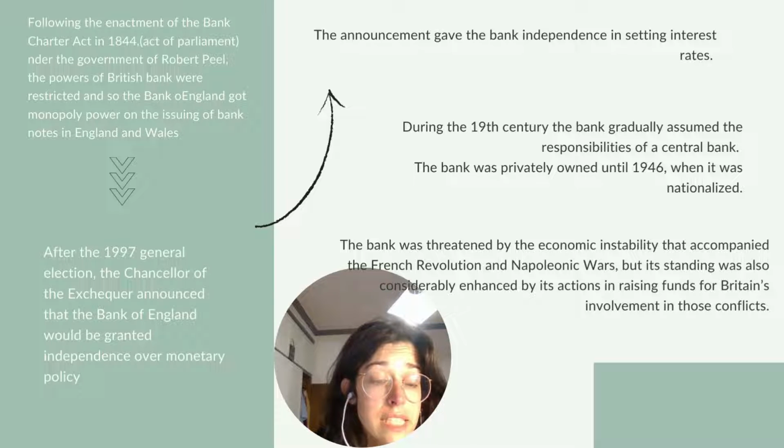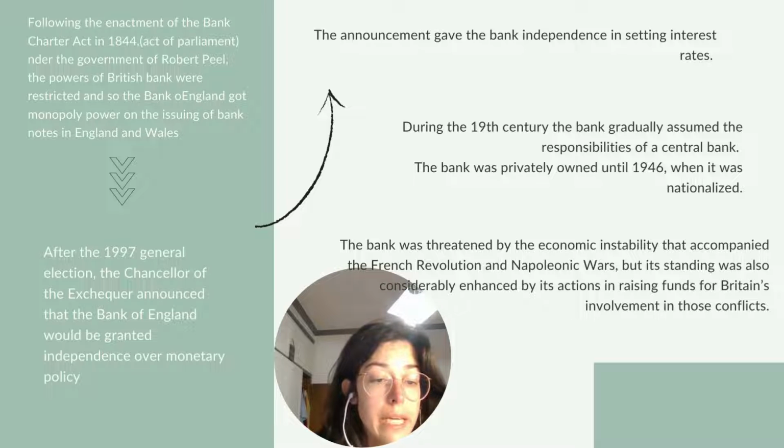So after the 1997 general election, the Chancellor of the Exchequer announced that the Bank of England would be granted independence over monetary policy. By that time, the bank had already become the largest and most prestigious financial institution in England, and its banknotes were widely circulating.